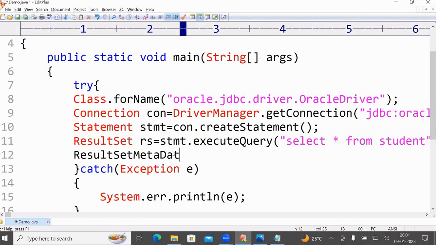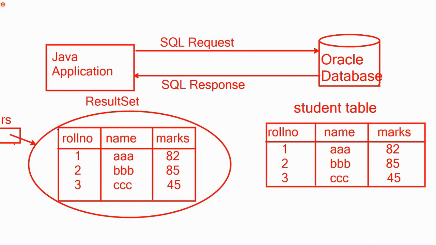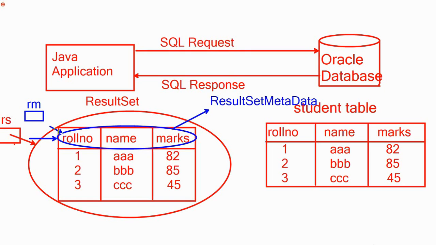Now what happened is this part is extracted, while the cursor is here. It is called result set metadata. This is now referred to by rm. I called the getMetaData method, and this is extracted separately.